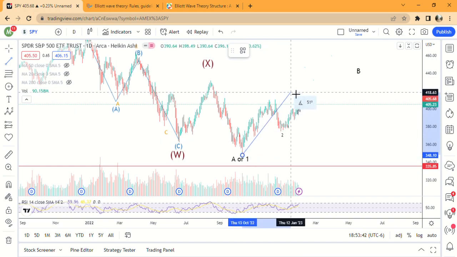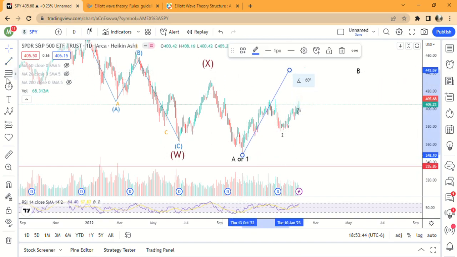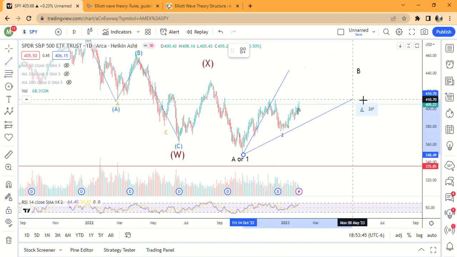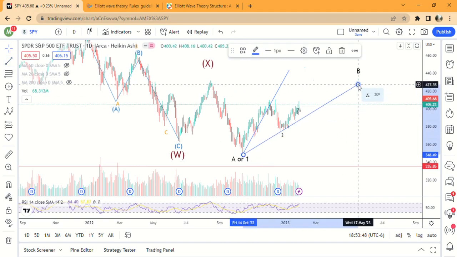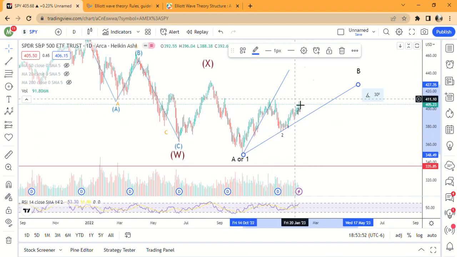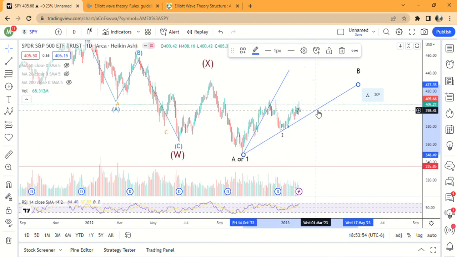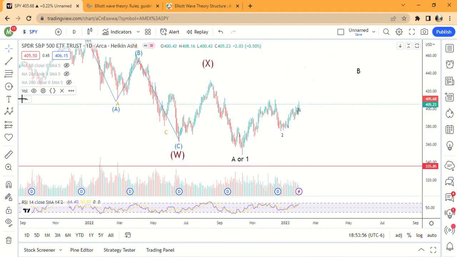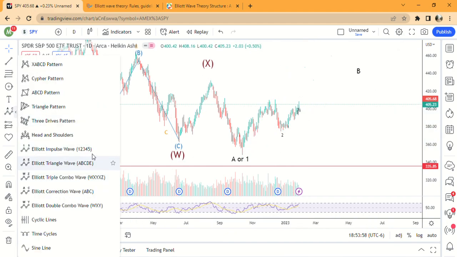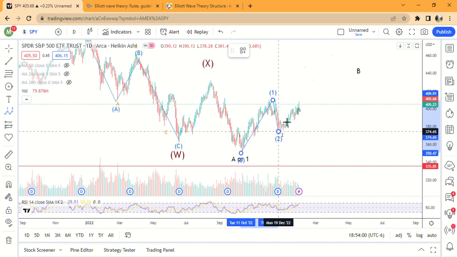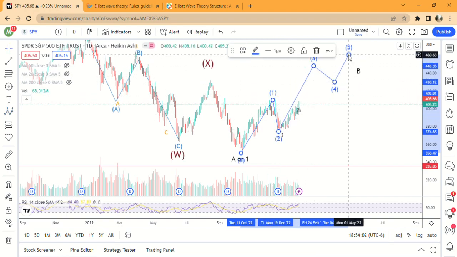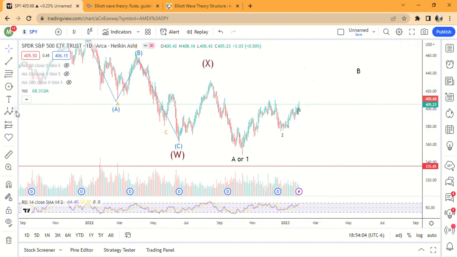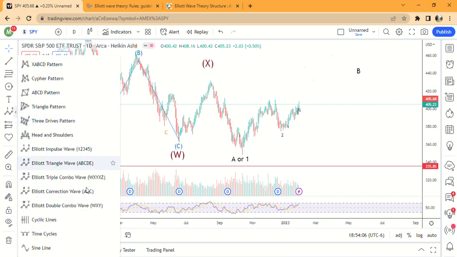We have 60 degrees, again, 30 degrees, way past 130. So we know this is corrective as well, so this cannot be, like some people have this as, no, this cannot happen. Can't happen.